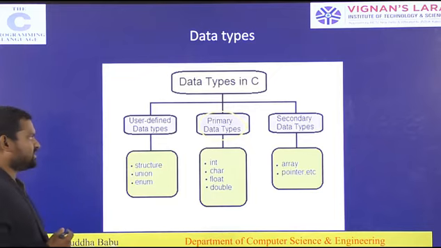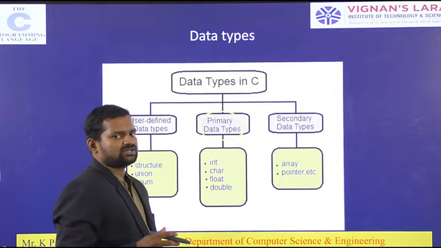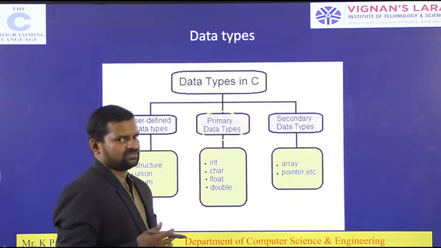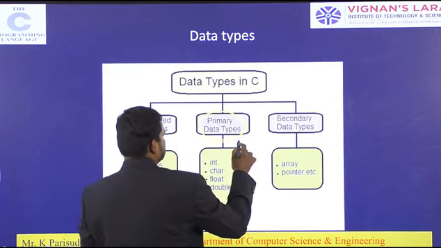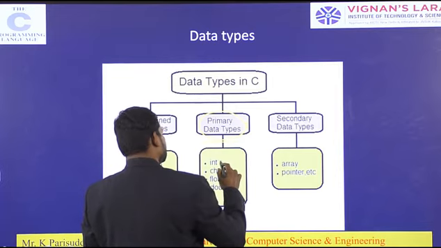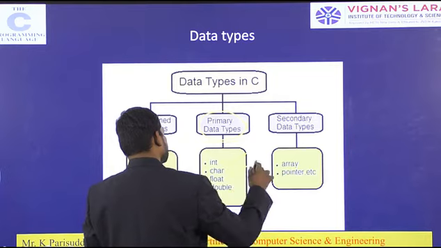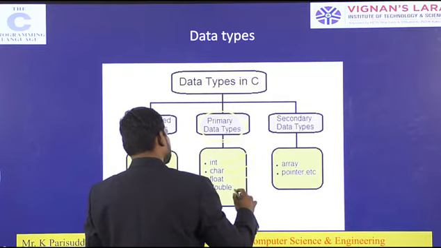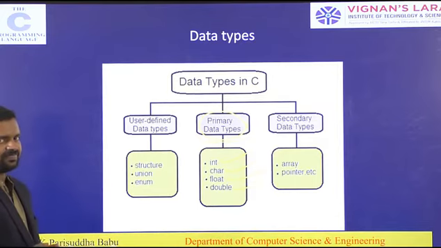In the primary data types, the data is already designed previously. With the help of primary data types only, we save the data. That is integer, character, float and double: the primary data types.